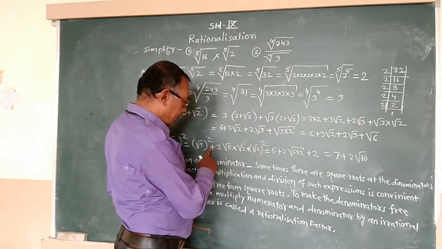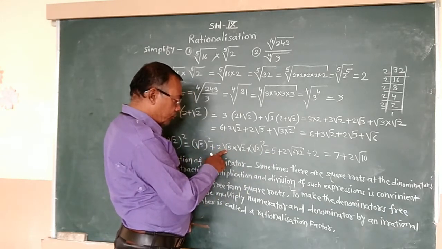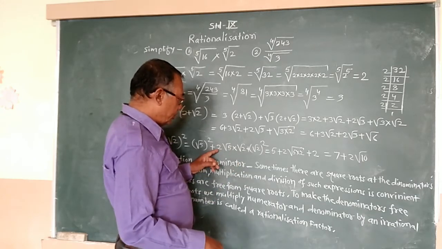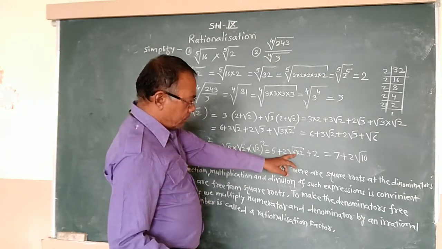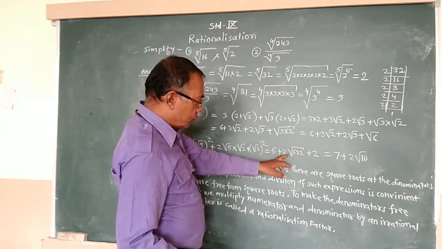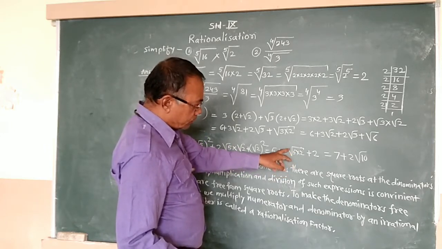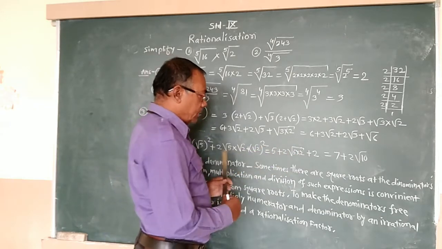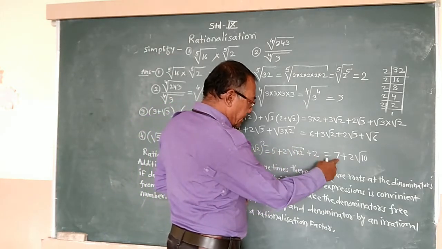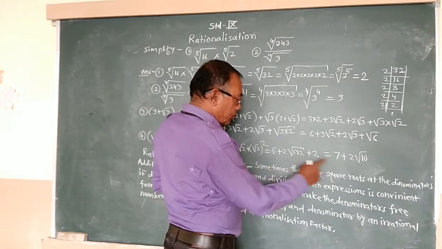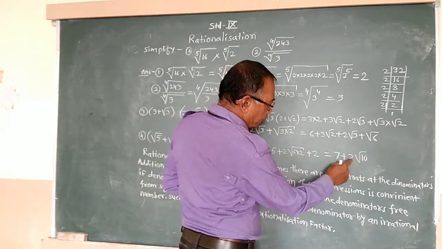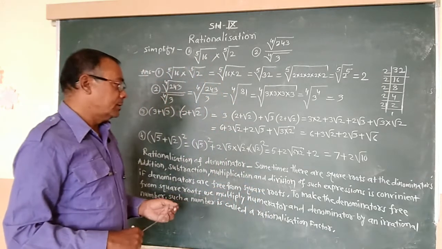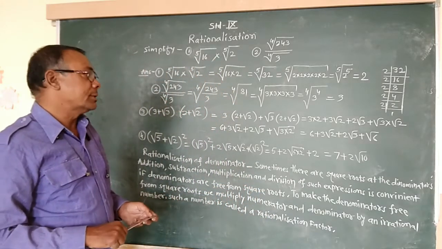So 5 plus 2 root 5 into 2, that is 2 root 10, plus root 2 squared, which is 2. Here 5 plus 2 is 7, so 7 plus 2 root 10 is the answer.